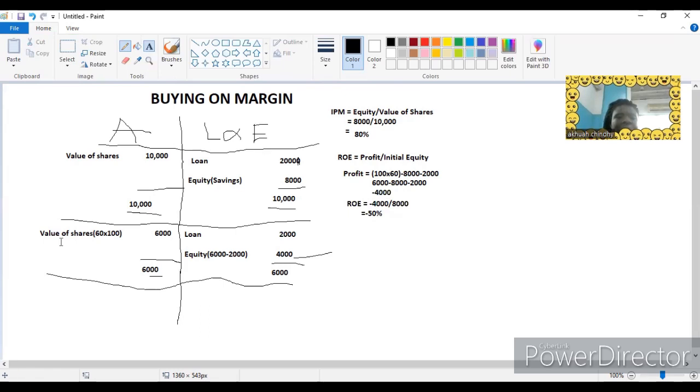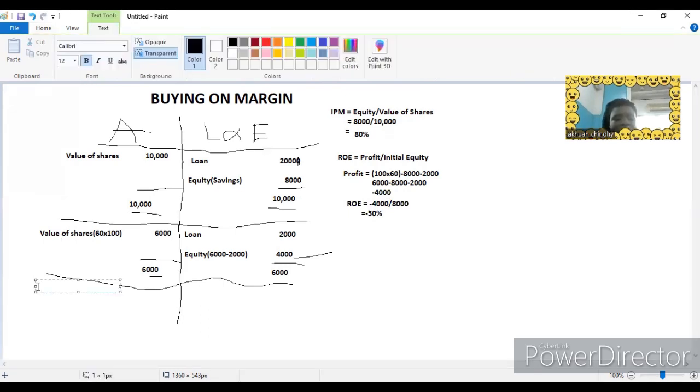So the value of our shares will change because it's subject to the prevailing price in the market. The value of our shares will be the price, which is now 140, times the number of shares we bought, which was 100. So you see, it's not an increase in the number of shares.